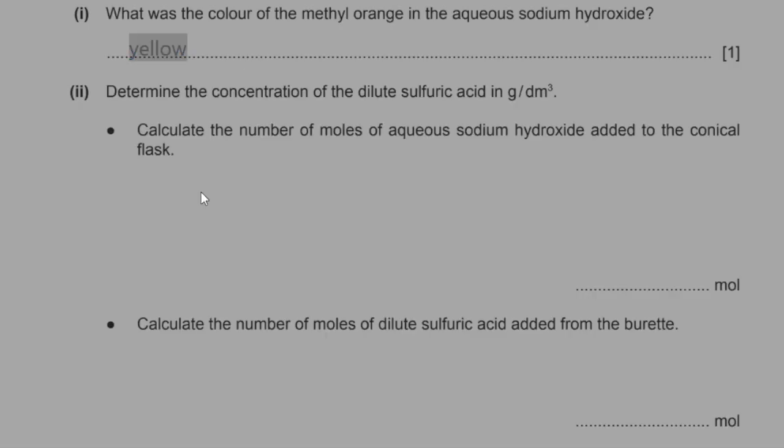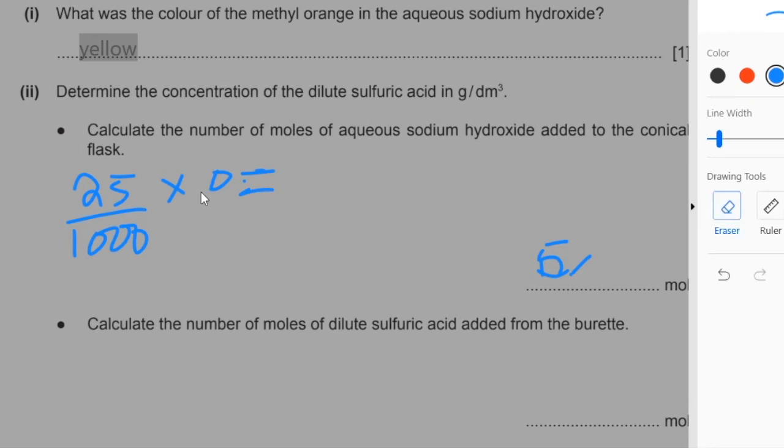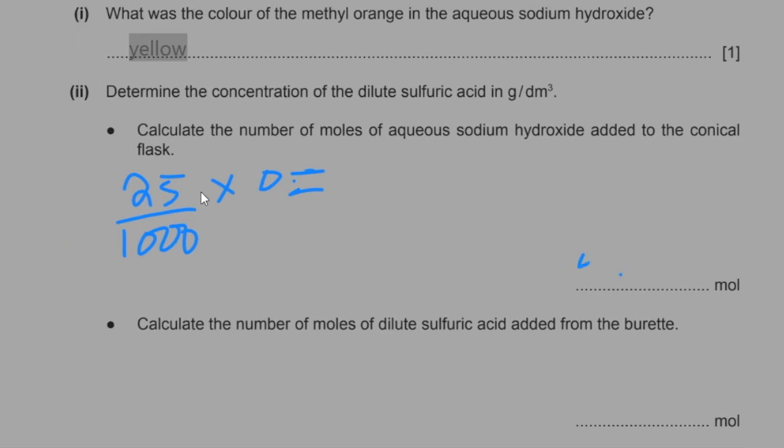But since the volume is given in centimeters cube, I'd suggest that you first convert it to dm cube by dividing it by 1000, and then multiply it with the concentration, so the answer would be 5 into 10 to the power of -3 moles.